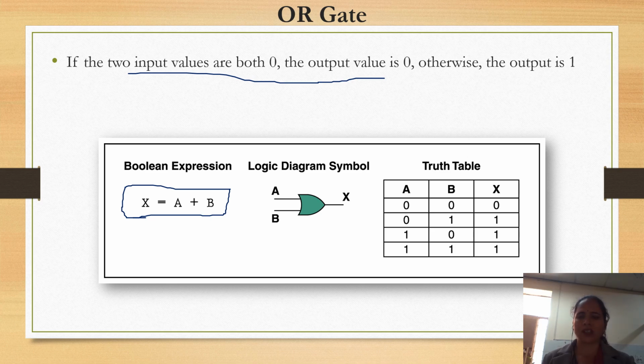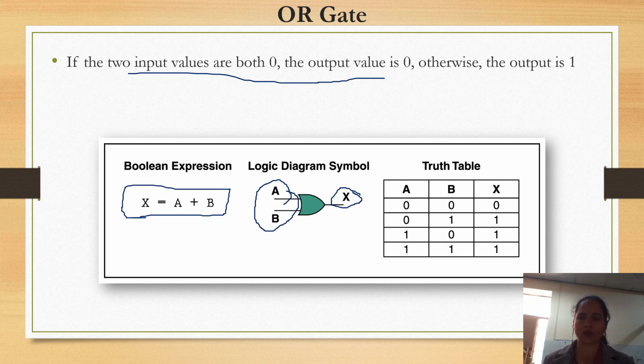Plus means if any input is active, then the output is active. If both the inputs are deactivated, then only the output is deactivated. So X is equal to A plus B, where A and B are the inputs and X is the output. Now if the input is 0 0, then the output is 0.